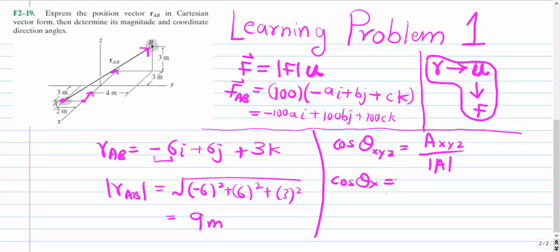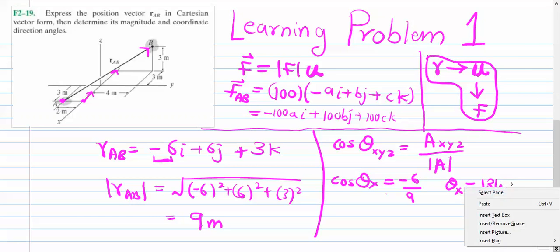So cos of theta x would be equal to the component of the length vector in the x direction, that component is negative 6i, divided by the magnitude of the length vector. The magnitude is 9. So once we take cos inverse of both sides, we end up with theta x equal to 131.8 degrees.